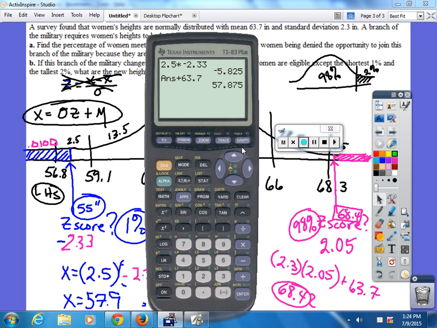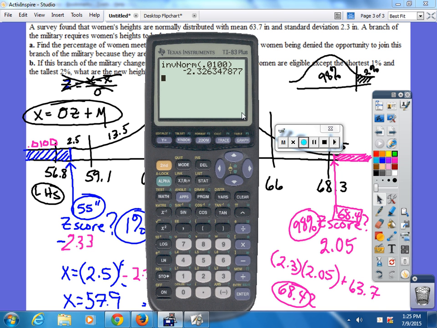Let's do that. Second, enter. No, I'm thinking, hold on, I've got to do inverse norm. That's what we need to do. Second, inverse norm, and that's going to be 0.0100, close parentheses, 2.33.